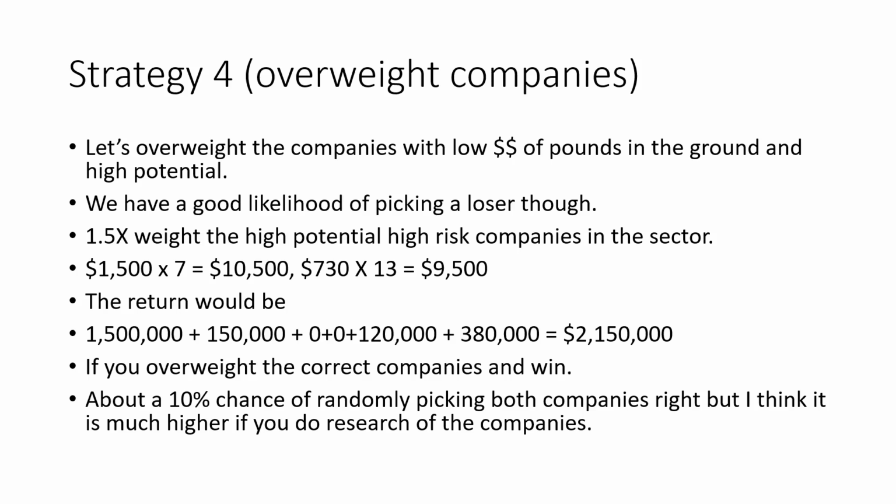So if you overweight the correct companies and you win, that gives you a higher return with less risk. About a 10% chance of randomly picking both companies right, but I think it is much higher if you do research of the companies, if you want to overweight and get really picky with it.